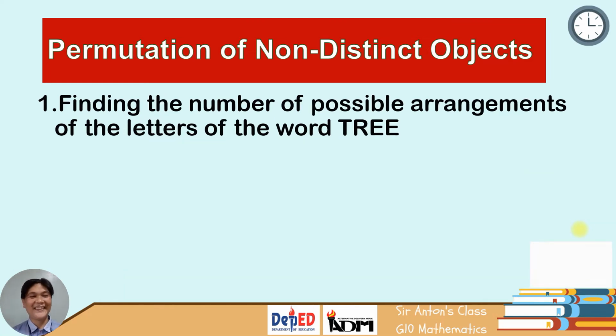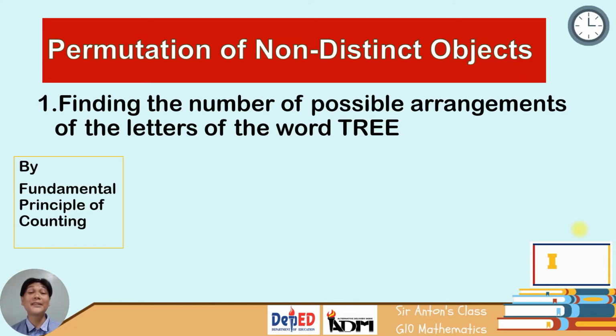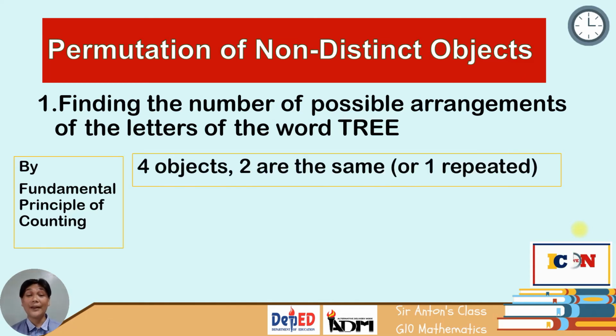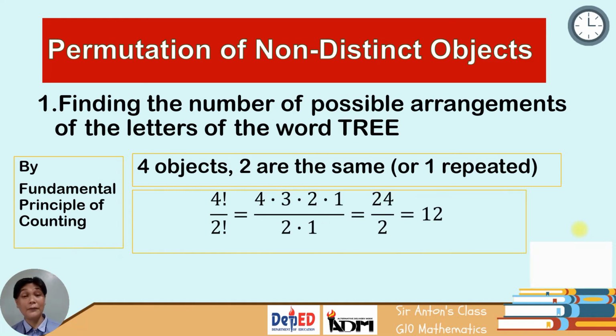Get that? Okay, so by fundamental principle of counting, we have 4 objects, but 2 are the same. Meaning to say, 1 is non-distinct, which is the letter E, or 1 is repeated. We have here 4 factorial, but not just 4 factorial, it's divided by 2 factorial, because one object is repeated one time. So there are 2 factorial.